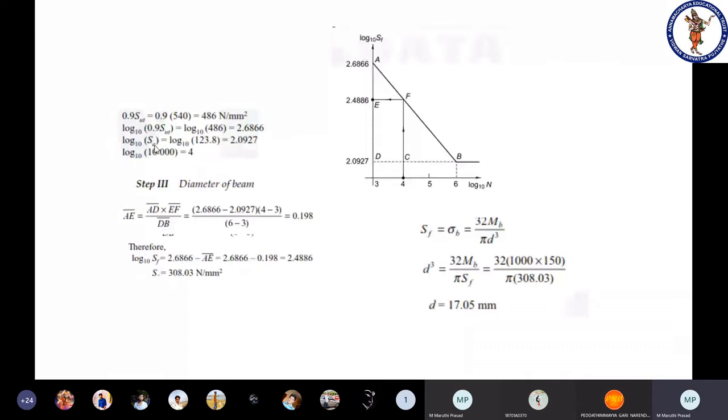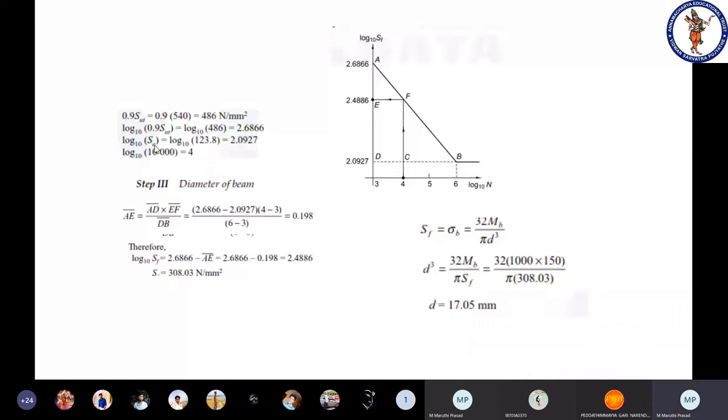So these are the problems corresponding to finite life. Whenever you find a problem corresponding to finite life, we solve that problem by using the SN diagram. That's the thing you have to remember. In the SN diagram, we draw a line for failure, that is the AB line.